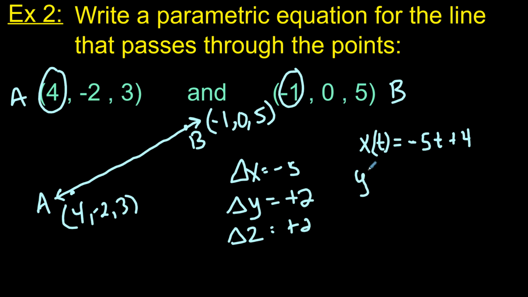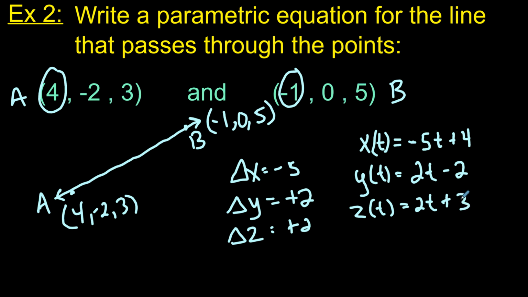For the y part of the parametric equation, we are going up by 2, so it's going to be 2t, and we started out at negative 2. And for the z part, it's going up by 2, and we started out at 3.